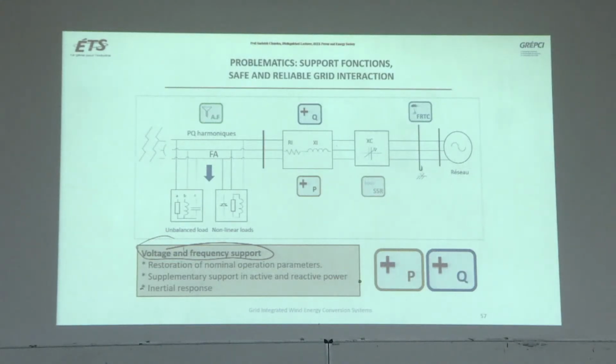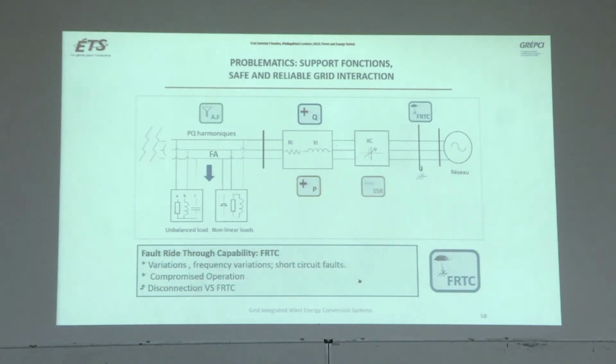It can support voltage and frequency, so it should remain connected, by providing active and reactive power. And fault ride through capability. If there is a fault, it should be able to ride through; we will be discussing IEEE standard 1547.